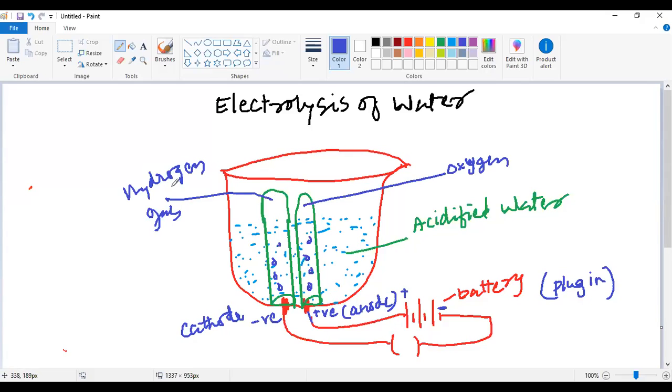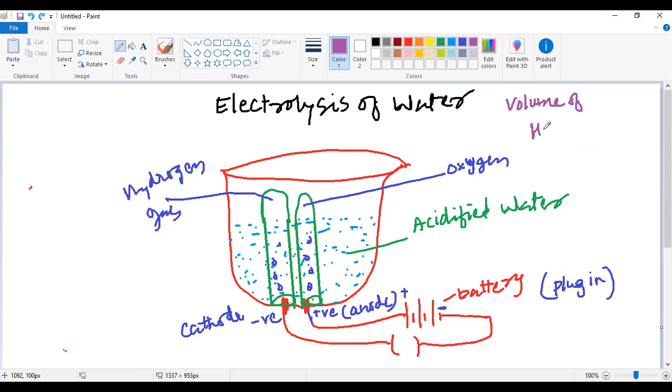And please remember, my dear students, that the volume of hydrogen gas is twice the volume of oxygen gas. Sorry dear students, it's just a problem. I'll just make it correct.